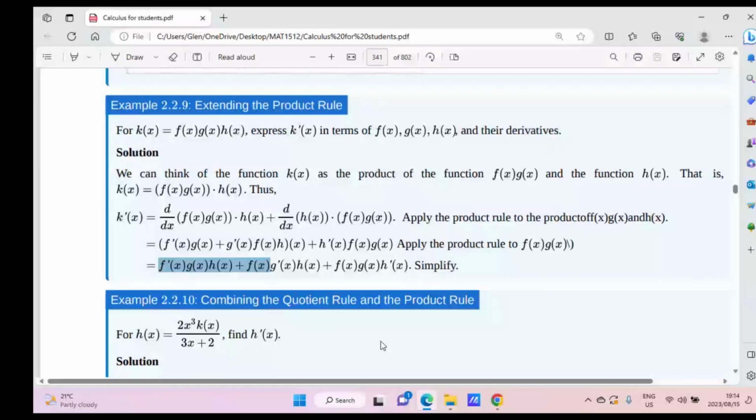It's 12x cubed times k of x plus 6x to the fourth multiplied by the derivative of k of x, plus 4x cubed multiplied by the derivative of k of x, plus 12x squared multiplied by k of x, all over (3x plus 2) squared. Thank you, brother.